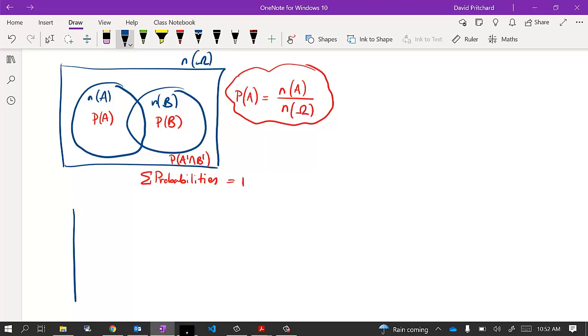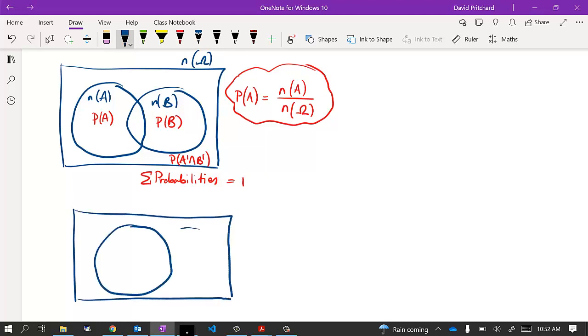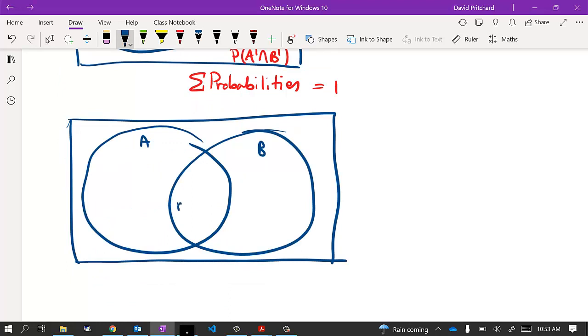So if I draw my Venn diagram and I break it up properly into the major sections, so the major sections will be the intersection number of A and B, the only A sections, the number of A and not B, the only B section for the number of B and not A, and then the number of not A and not B. So those are the numbers that are in the universal set but not within sets A and B.